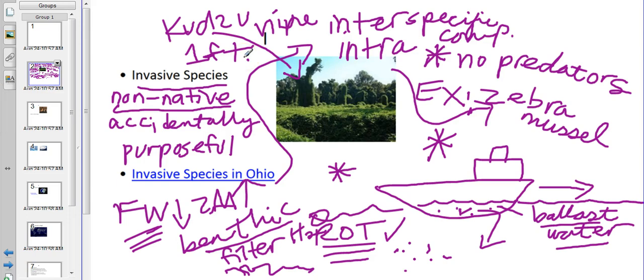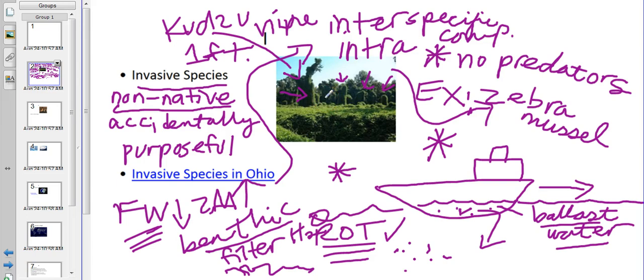conditions. As a result, this vine has taken over and it's created statues of kudzu vines. So these are kudzu vines that are growing on other trees and on limbs of trees that create these statuesque type of vegetative statues, if you will, which actually are pretty neat to look at.